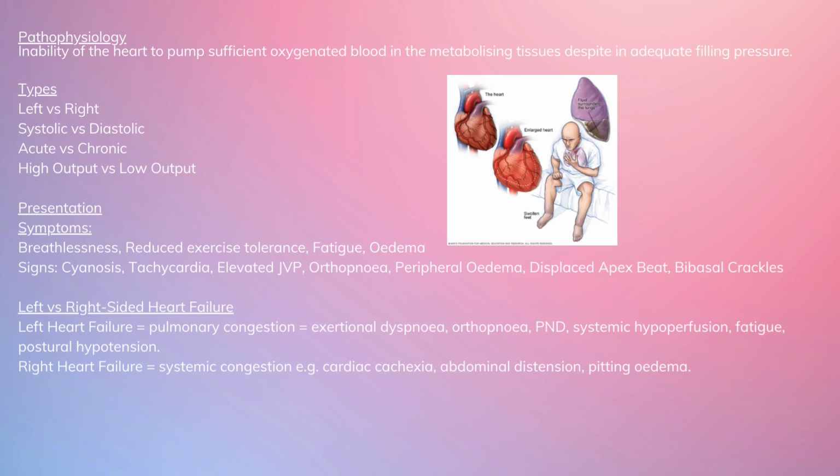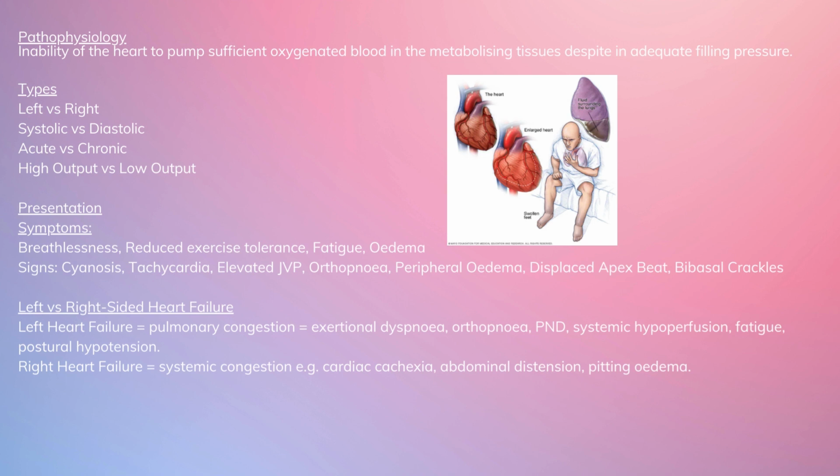There's also high output versus low output heart failure. In high output, there is essentially an increased metabolic demand. So that can be due to a number of reasons, such as anemia, Paget's disease, pregnancy, thyrotoxicosis, thiamine deficiency, and these essentially increase the metabolic need of the heart, hence leading to high output heart failure.